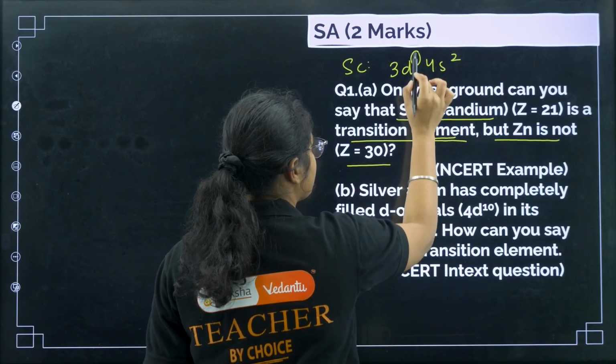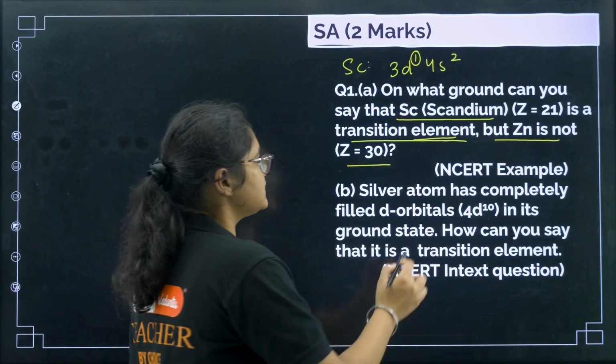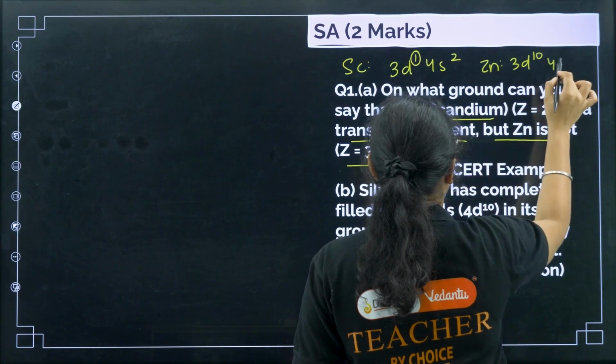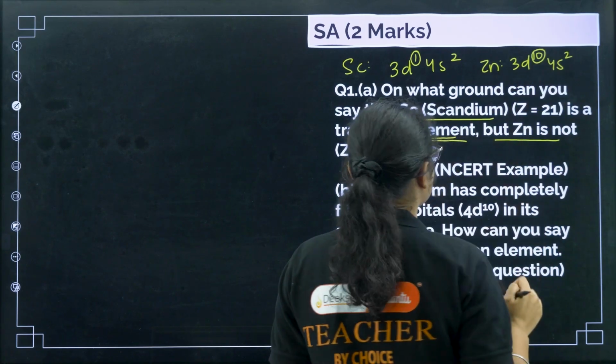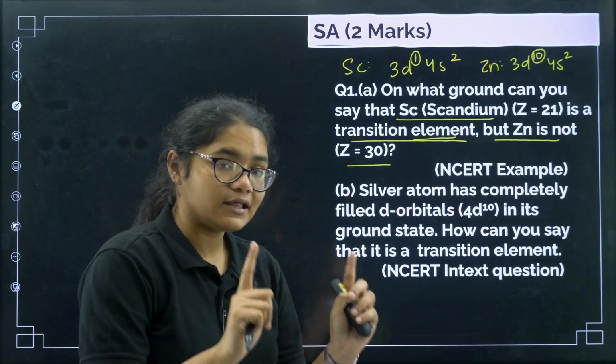In the ground state it has one unpaired electron, so definitely it is a transition element. But zinc configuration is 3d10 4s2. It has 10 electrons in d, so there is no unpaired electron in the ground state.